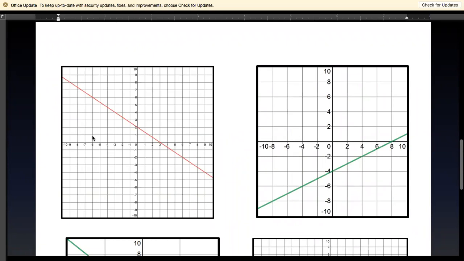For this top left-hand one, is the slope positive or negative? Negative. This line is going down from left to right, so my slope is negative.